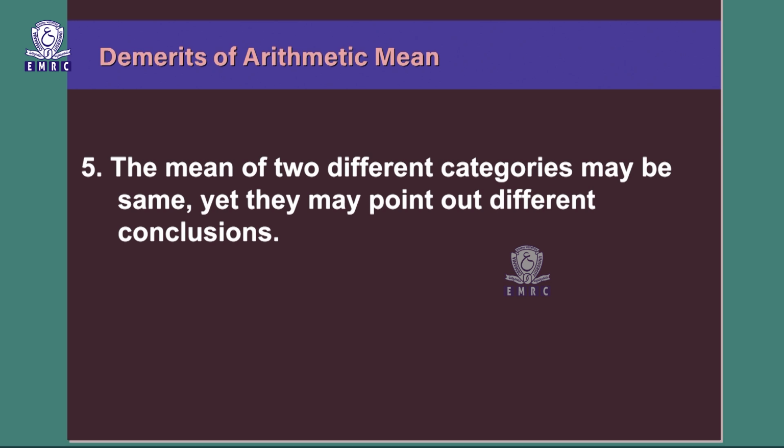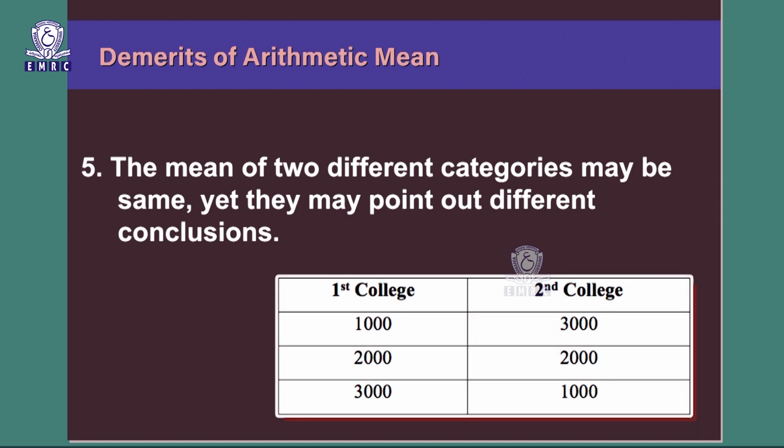For example, the number of students enrolled in sociology in one college during 3 different years are 1000, 2000 and 3000, and in another college it is 3000, 2000 and 1000 respectively. Though the average is the same, there is progress in the first college and decline in the second college.